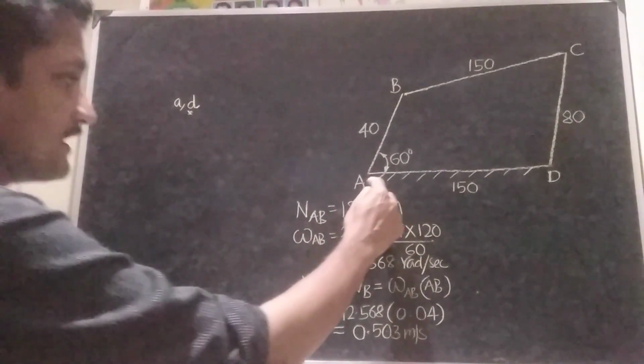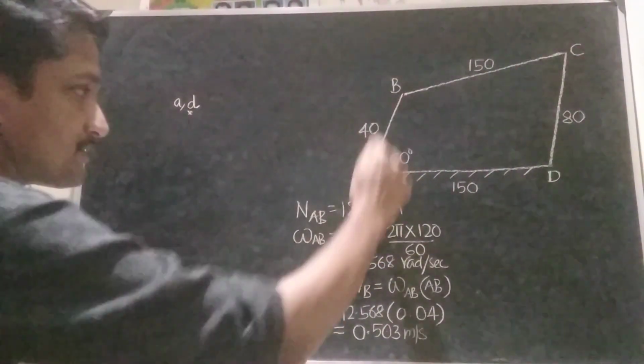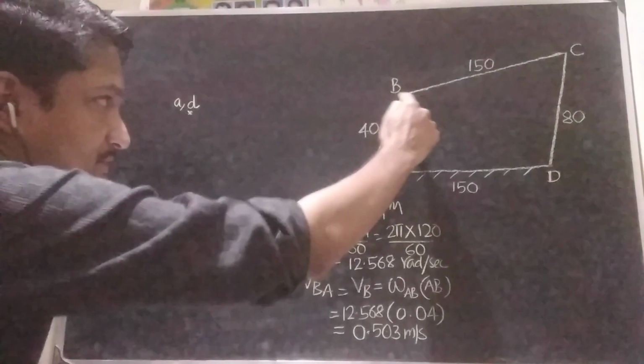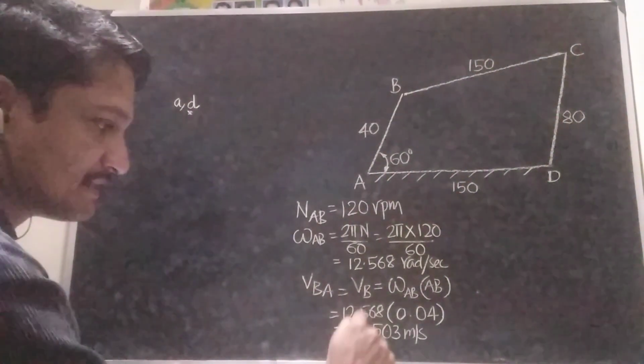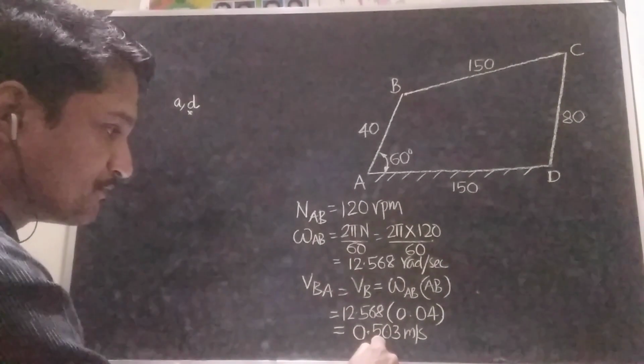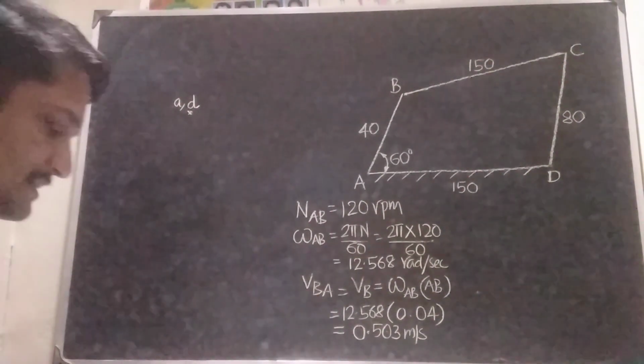Velocity of B with respect to A is the absolute velocity of B, and that's equal to 0.503 meter per second.